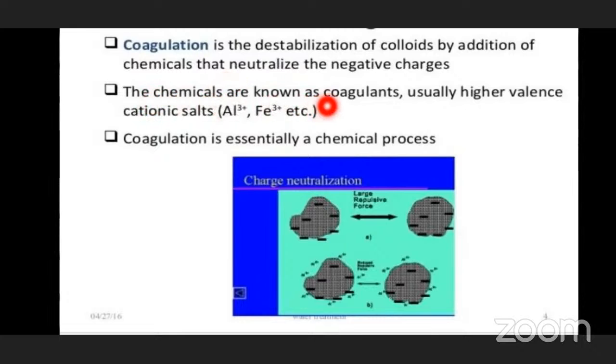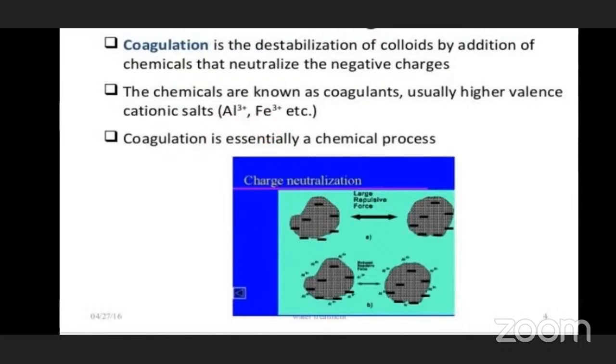Okay, then the chemicals are known as coagulants, usually higher valency cationic salts. For example, here aluminum contains +3 valency. Here ferric contains +3 valency.